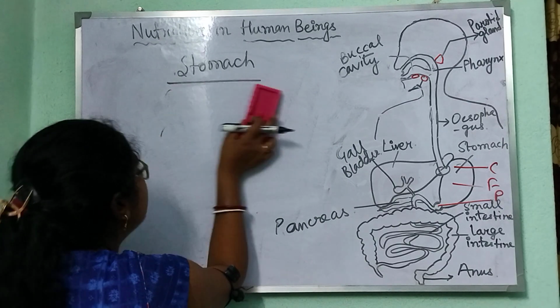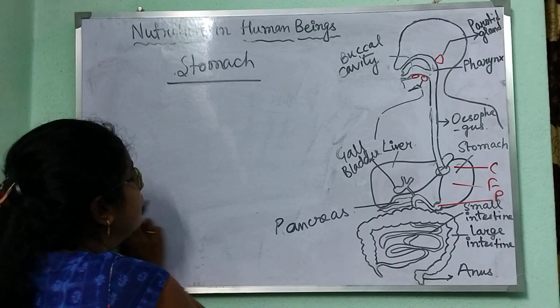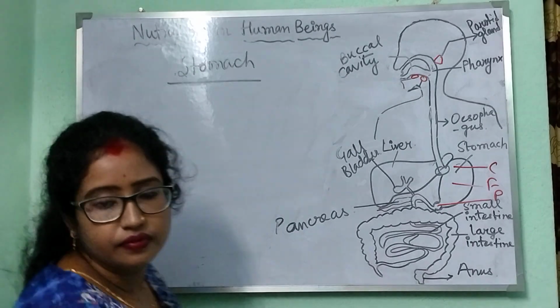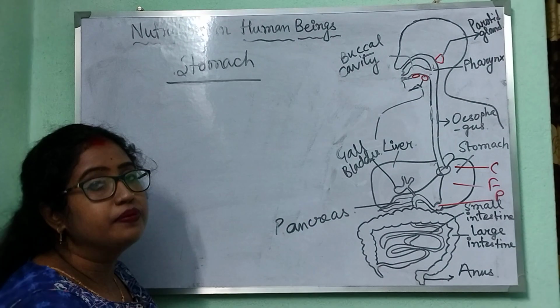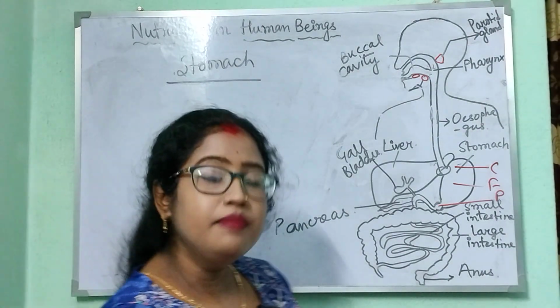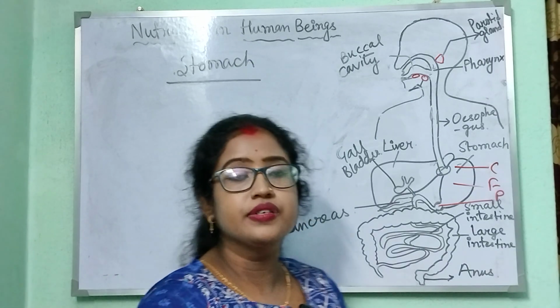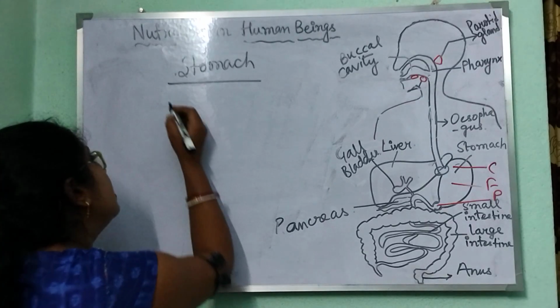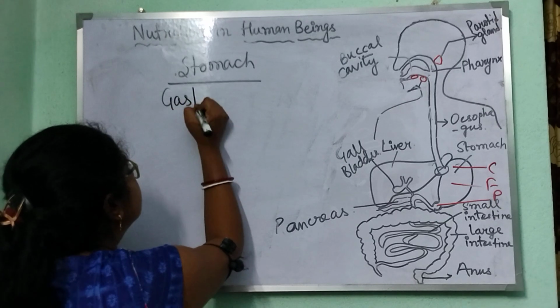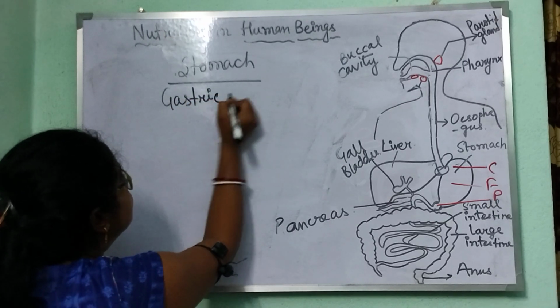So the stomach has a liquid enzyme-like thing in it. This is known as the gastric juice.